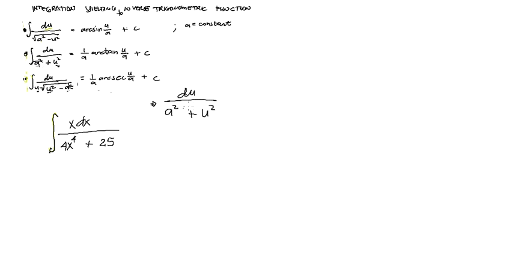Okay, so we can see that we have a constant here and the square of some variable here, and then the du, or the derivative of this variable u here. Okay, then let's try to make some modifications or transformations in our integrand.